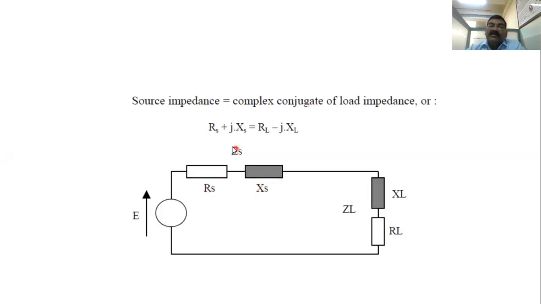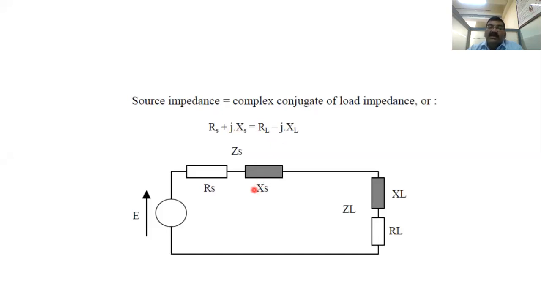Now the resistance of the source equals the resistance of the load, that is the real part, and the reactance offered by the source must be the complex conjugate. Means if it is plus, then it should be minus. The magnitude is equal and it is the imaginary part, so J comes here. That is called the complex conjugate.